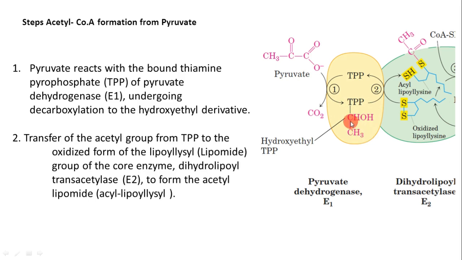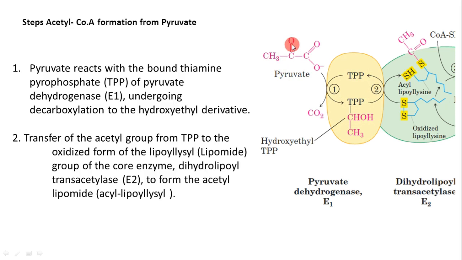And now the CH3CHOH group will be attached to thiamine pyrophosphate. This compound is now called the hydroxyethyl group. Once again, to repeat: thiamine pyrophosphate is the cofactor for enzyme 1 or pyruvate dehydrogenase.